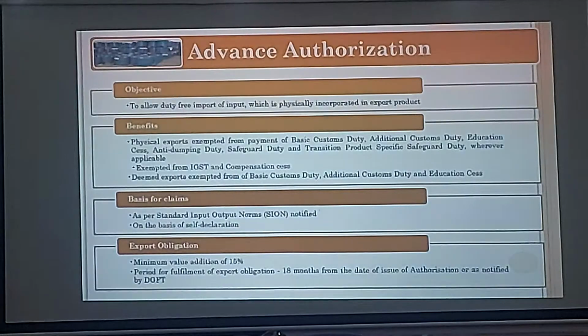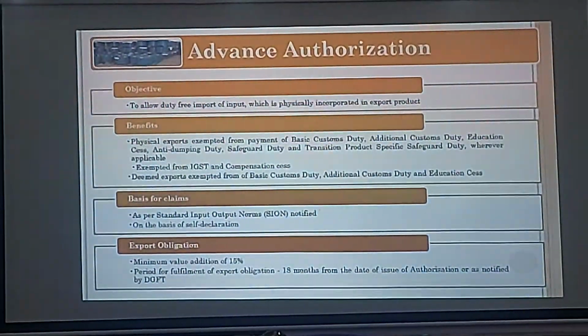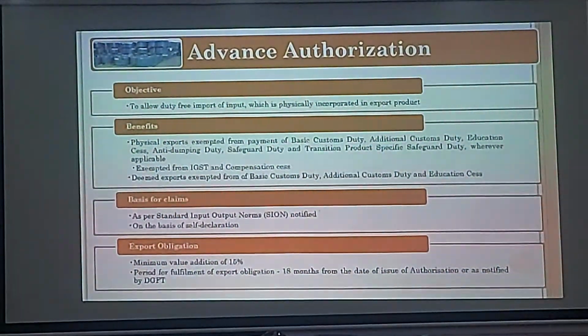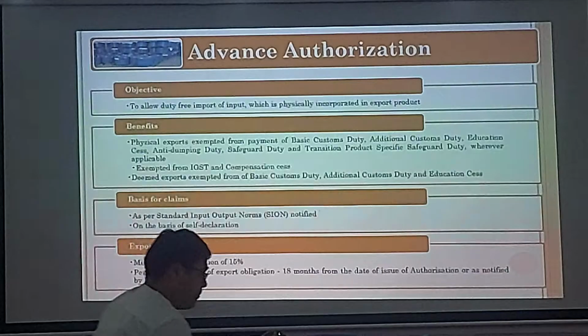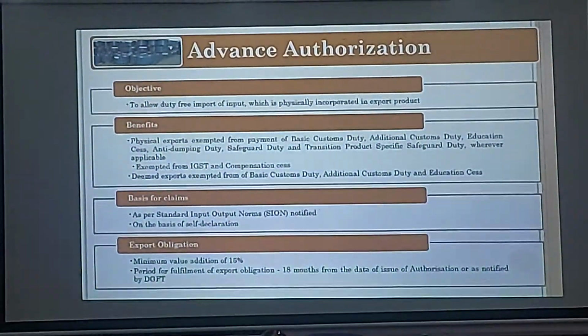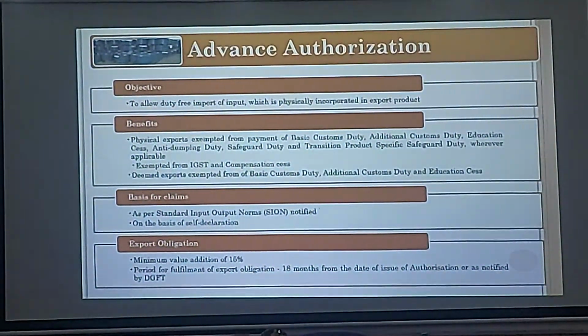So what DGFT has done is, it has collected data from the industry, done its calculation, and it has come up with SION, standard input output norms. What does that mean? It means that to make one unit of that product, what is the raw material? Say you need this much percentage or this many grams of plastic, this many grams of ink, plus wastage allowance and so on.